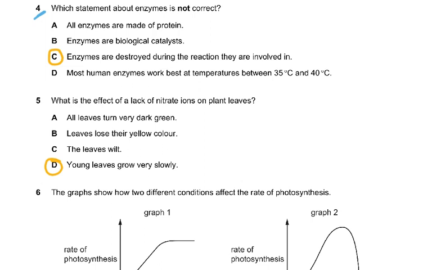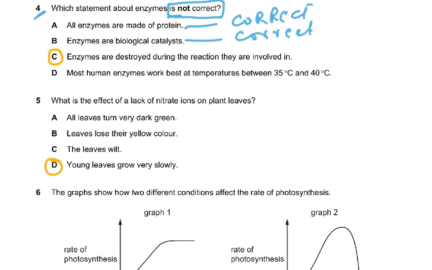Question 4. Which statement about enzymes is not correct? All enzymes are made of proteins. Yes, all enzymes are made of proteins. So that is correct. Enzymes are biological catalysts. Yes, that is correct. So you have to realize that all these must be correct because one is incorrect. So this is correct. This is correct.